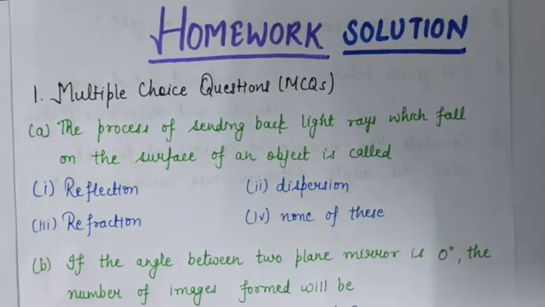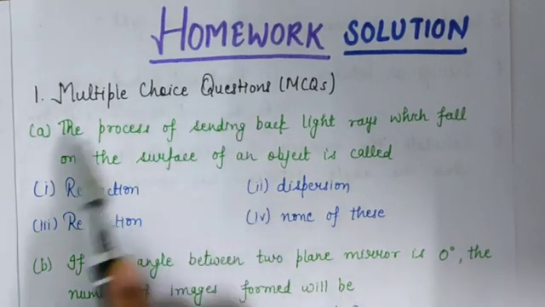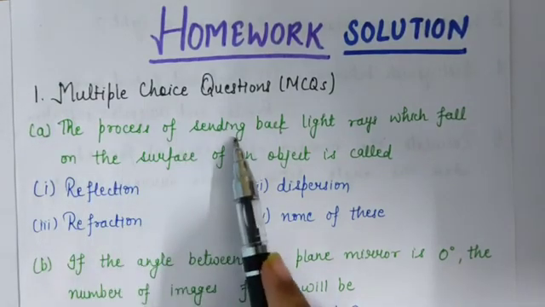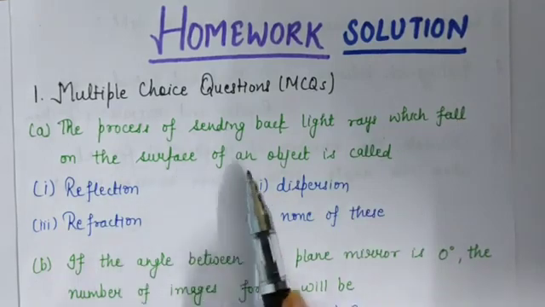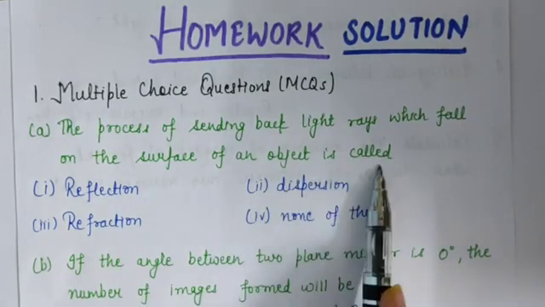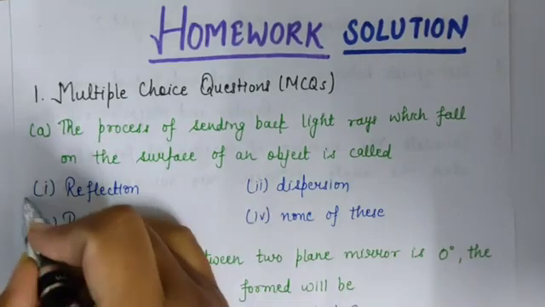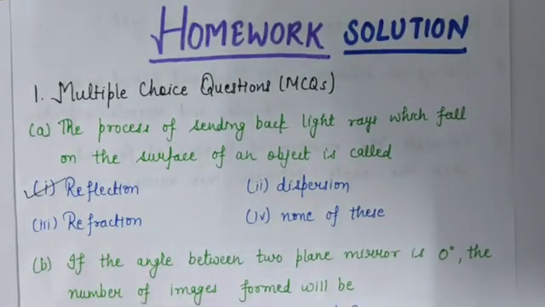Now we will discuss the homework solution of the previous lecture. First question was MCQ. A part: the process of sending back light rays which fall on the surface of an object is called... So this phenomenon is called reflection. So the answer is reflection.